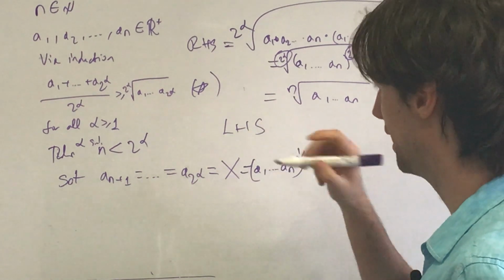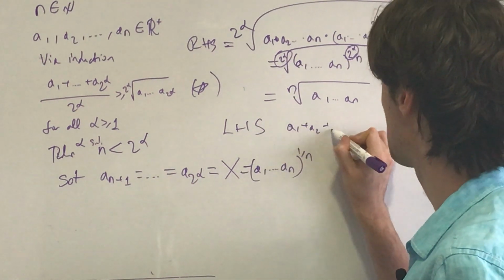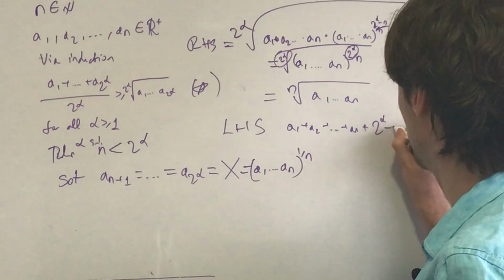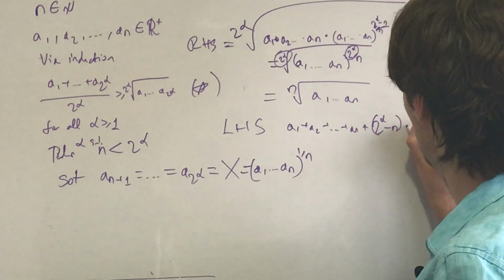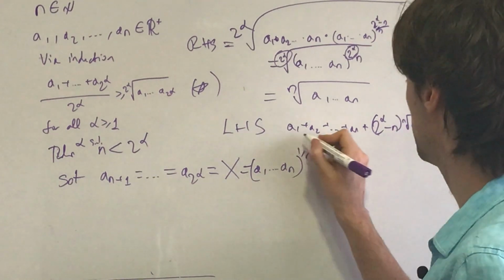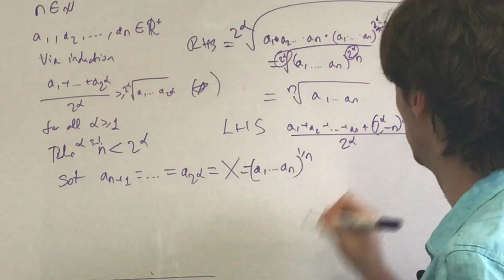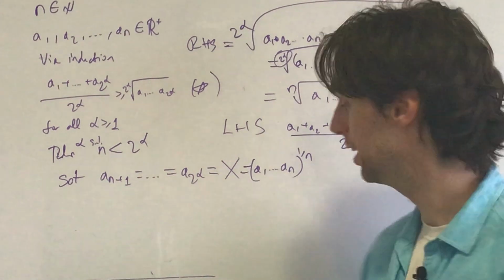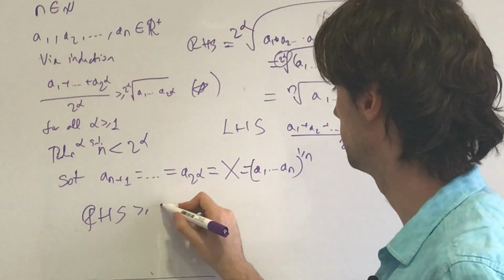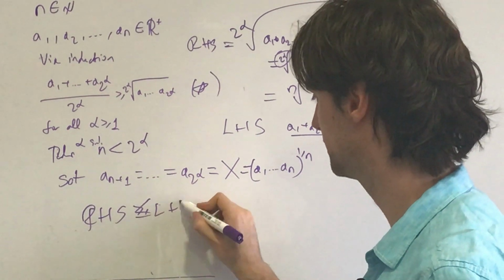And the left-hand side, a1 plus a2 plus an plus 2 to the alpha minus n times the nth root of a1 through an, all over 2 to the power of alpha. Now the right-hand side is less than or equal to the left-hand side.